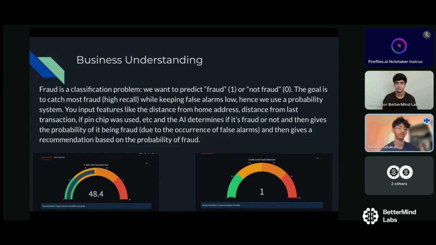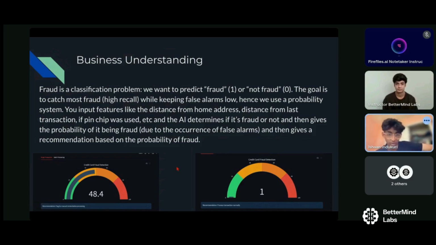So we use a probability system. I input features like distance from home address, distance from last transaction, if the PIN or chip was used, if it was an online transaction or not, and the ratio between the average purchase versus the recent purchase, and things like that. The AI will determine if it's fraud or not, gives a probability of it being fraud, and then gives a recommendation based on that probability.